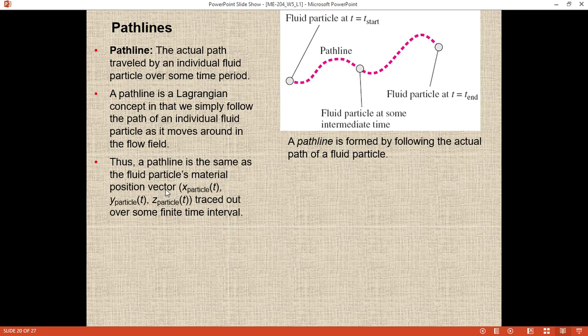So definitely the path line is where we can use a Lagrangian approach. A particle in time t travels from one point to another point and describes its way. Such a line followed by a single particle is called a path line.